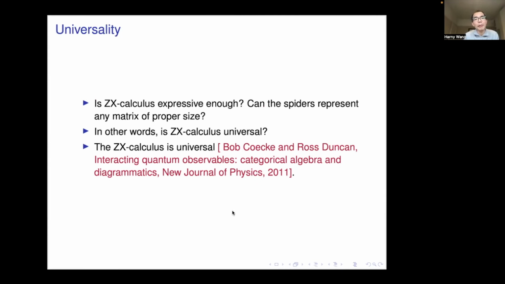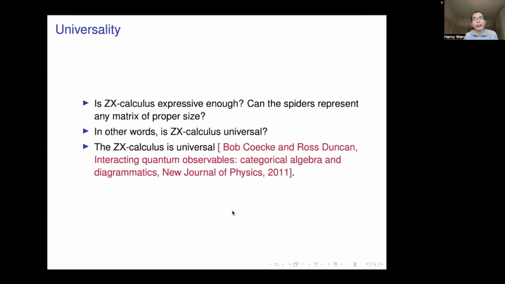Also, we care about the expressive power of this diagrammatic language, ZX calculus. I can interpret each diagram into a matrix.